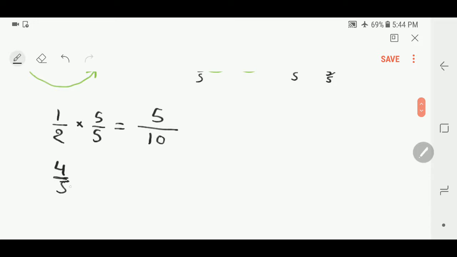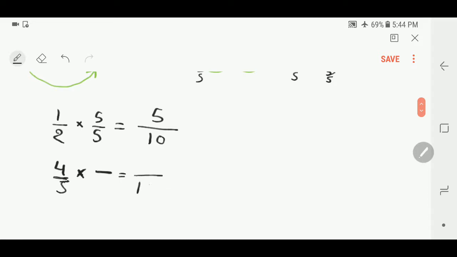So 5 over 10. 4 over 5, we're gonna multiply it by a fraction with the same number. That means we're gonna multiply it by 1, with something like 3 over 3, 4 over 3, 2 over 2, to get 10 here.